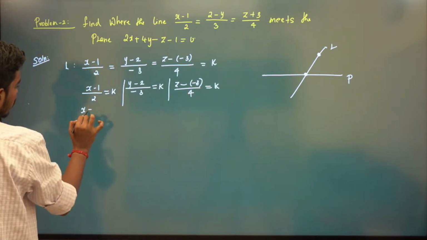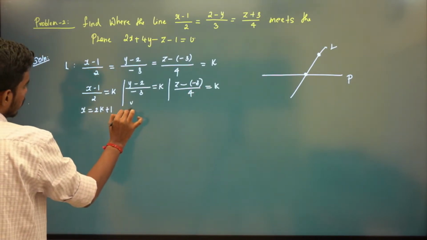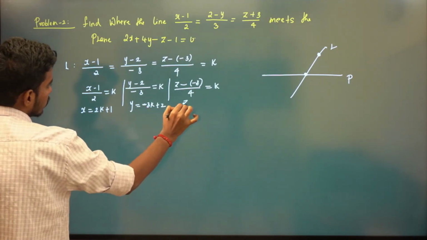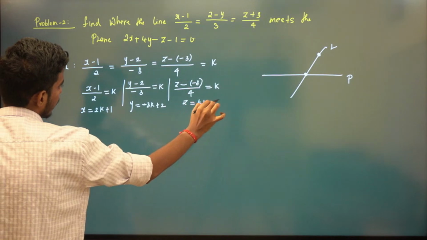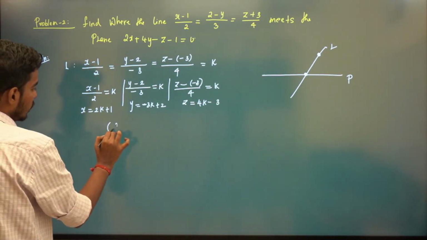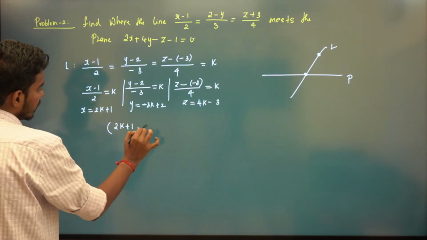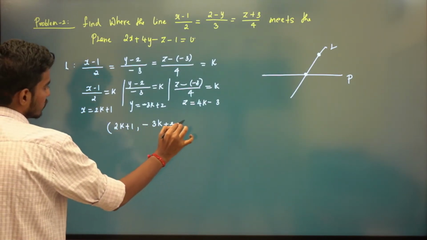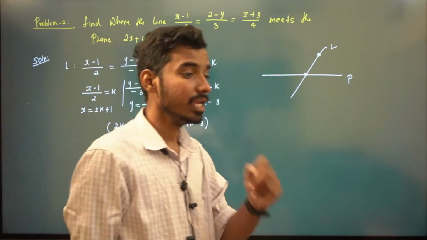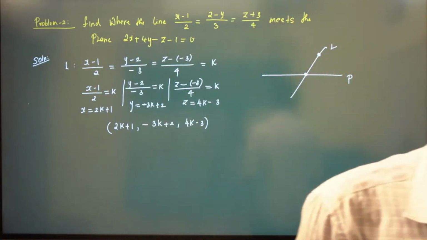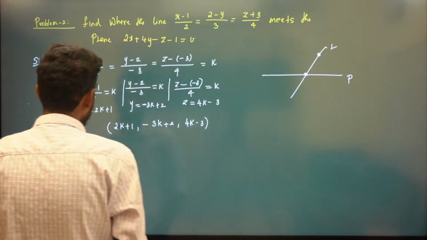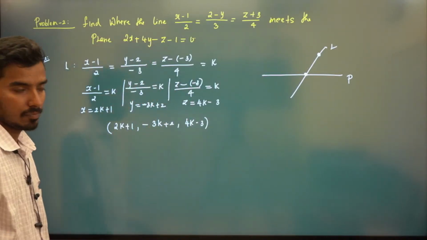That means x is equal to 2k plus 1, y is equal to minus 3k plus 2, z is equal to 4k minus 3. So any point on the line will be of the form (2k plus 1, minus 3k plus 2, 4k minus 3). Depending upon the value of k, you can get all the points.